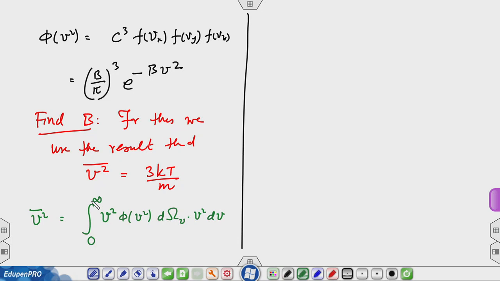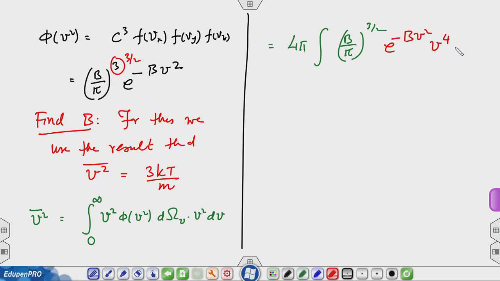So this is equal to, I can do the d omega v integral directly, which gives me 4 pi times the integration of b over pi raised to 3 by 2, e raised to minus b v square, v raised to 4 dv, from 0 to infinity.